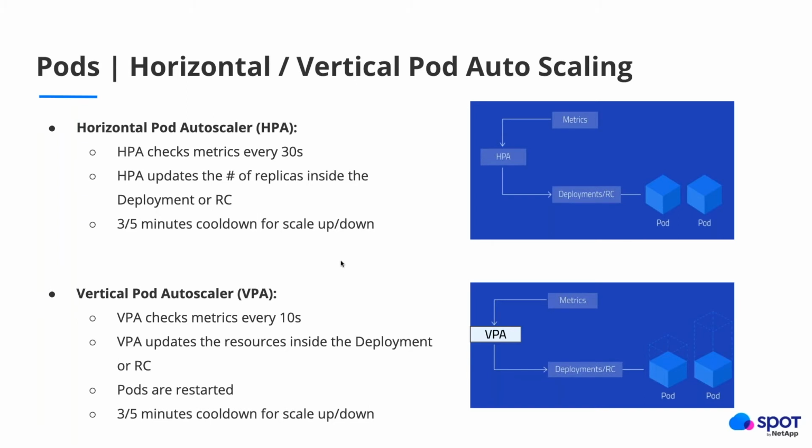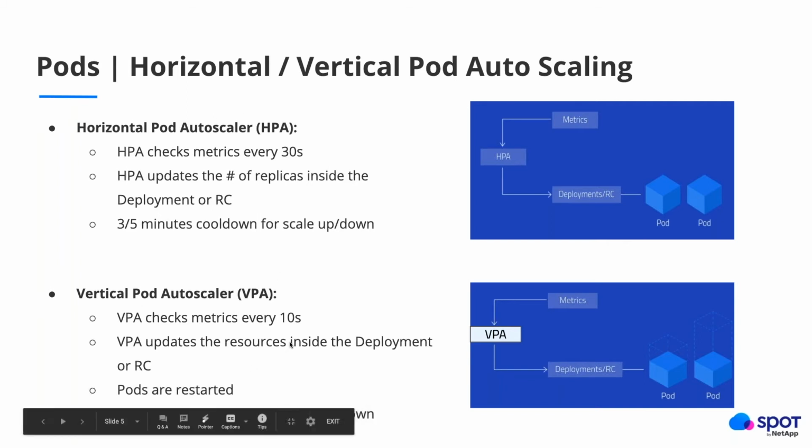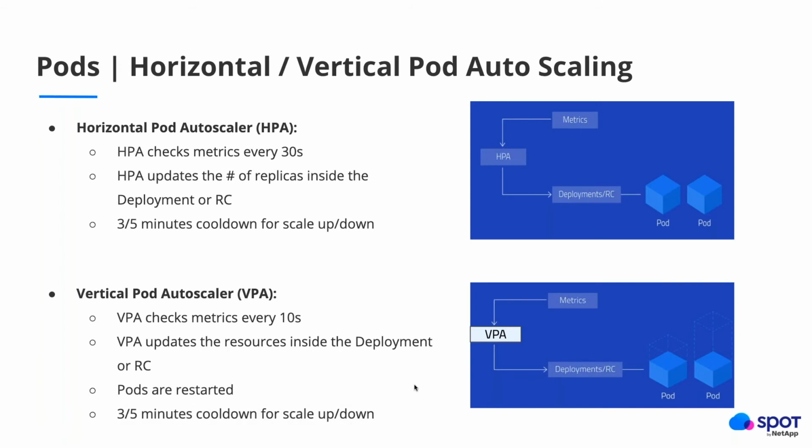Based on that, the HPA will set the amount of required pods, the amount of replicas for this specific deployment. The vertical pod autoscaler will recognize that there are more resources needed, and therefore it will increase the sizing of the pods themselves. Meaning we will take one pod that has certain requests, it will increase it, and then the pod will be restarted, meaning it will have to start again.